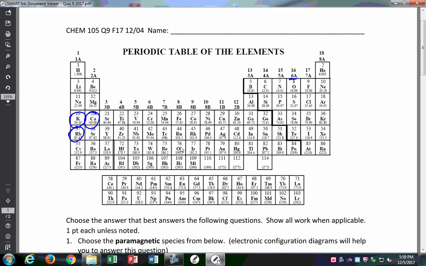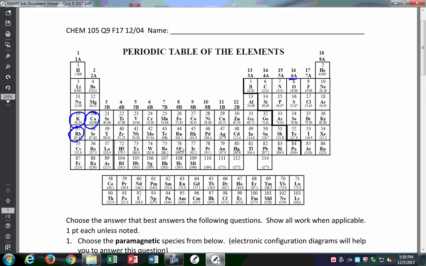What matters is calcium has more positive charge in the nucleus. So when we're directly comparing 2 atoms in the same row, the atom that has more protons in the nucleus is going to be harder to remove that electron from. You could also think about the fact that the atom that's more electronegative, which means the atom that has more protons in the nucleus, is harder to remove that electron from.